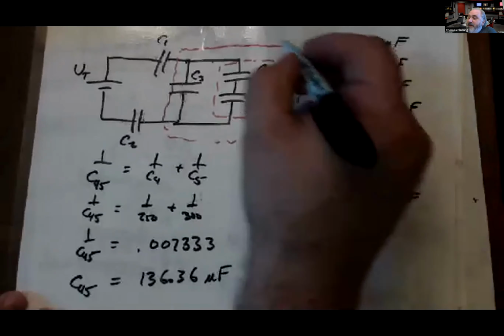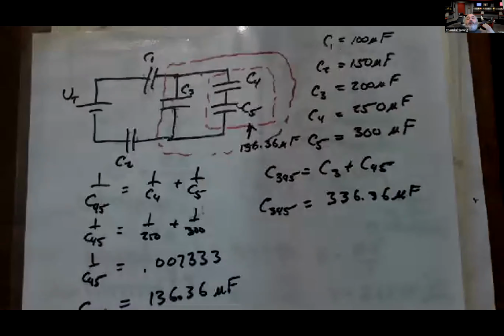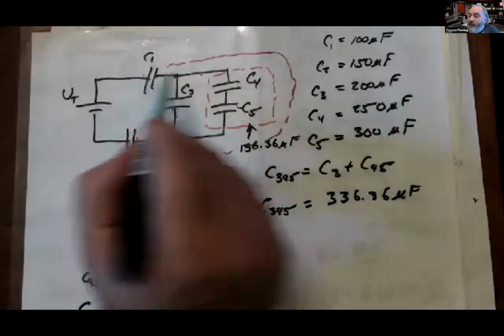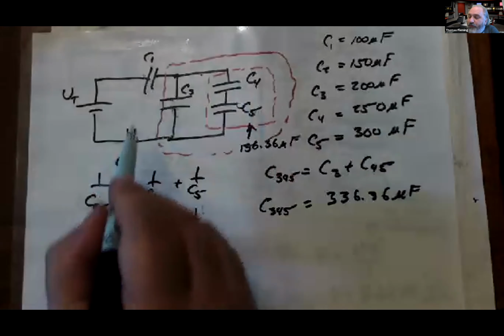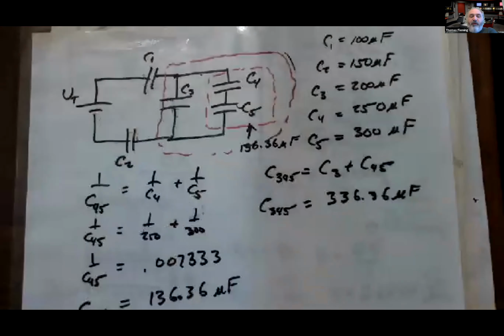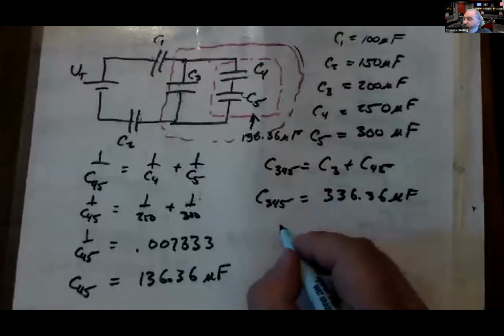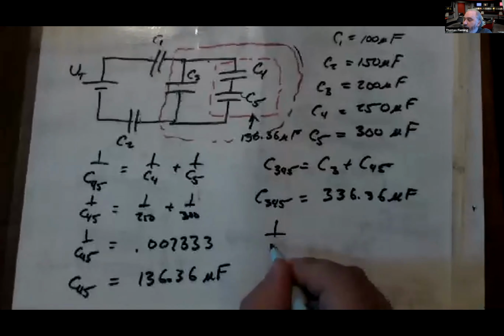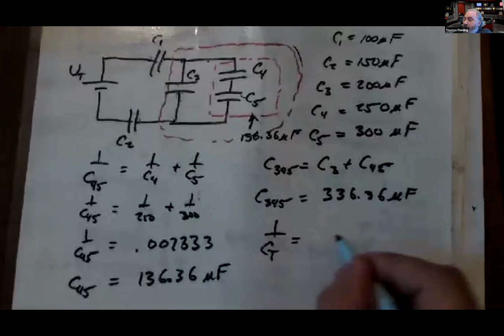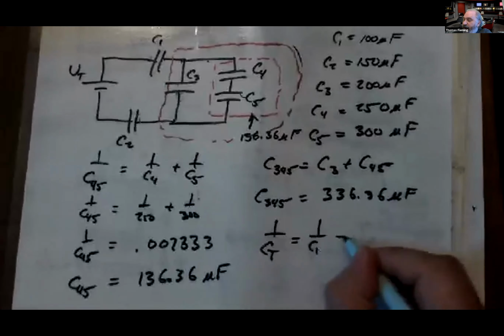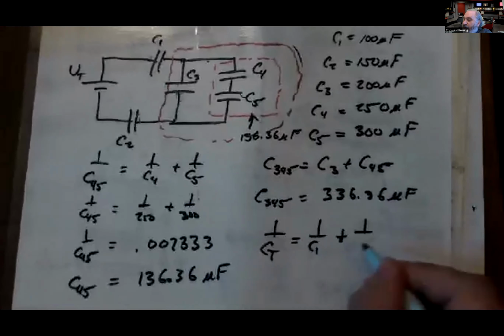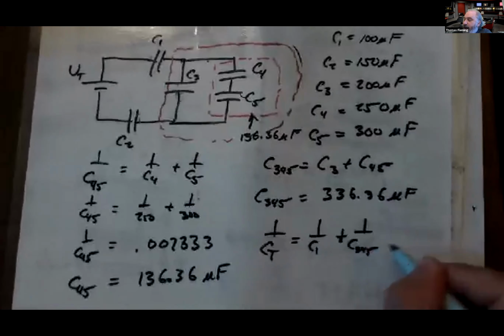So now I'm going to treat everything in that box as one really big capacitor. Now I go through this, then through this, then through this. So these are all in series. Now I'll use the series rule one last time. So 1 over C total for the whole problem is going to be 1 over C1 plus 1 over C3,4,5 combined, plus 1 over C2.